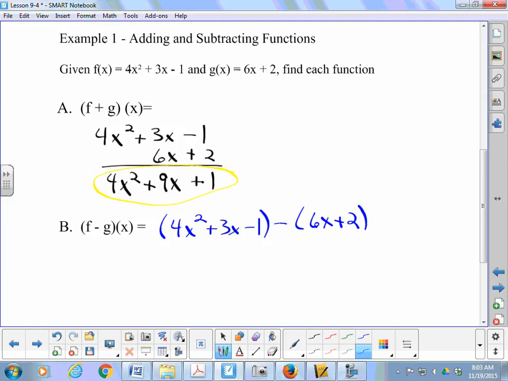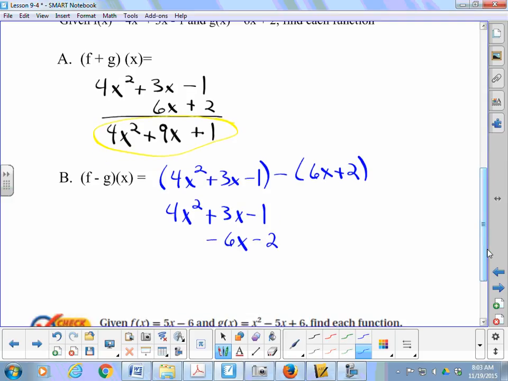And when we're subtracting the polynomial, we have to do what? Okay, change the signs of the second one. So 4x squared plus 3x minus 1, and now we're going to subtract 6x and subtract 2. I could even write that vertically if I want to.